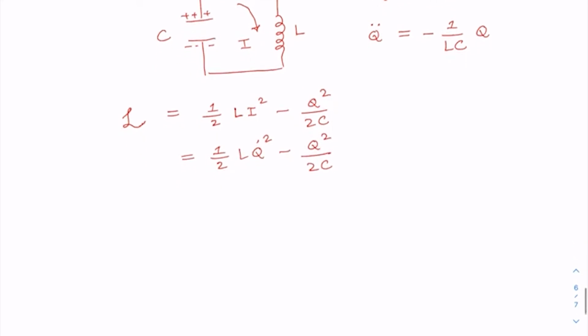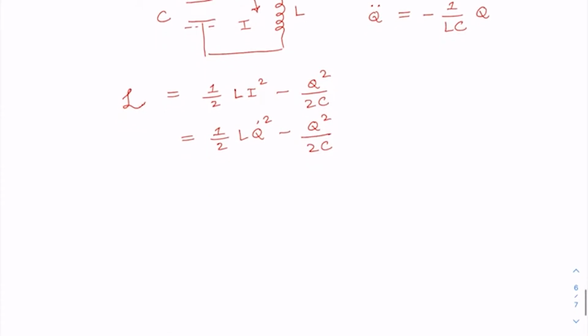To check if this is indeed the correct Lagrangian, we must obtain the equation of motion from the Lagrange equation of motion. The Lagrange equation with Q as our generalized coordinate is: del L del Q minus d by dt of del L del Q dot is equal to 0.